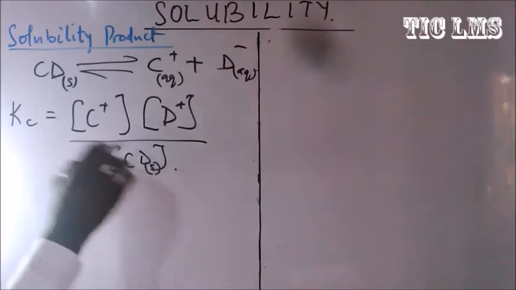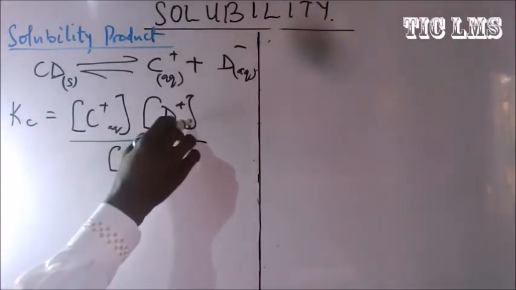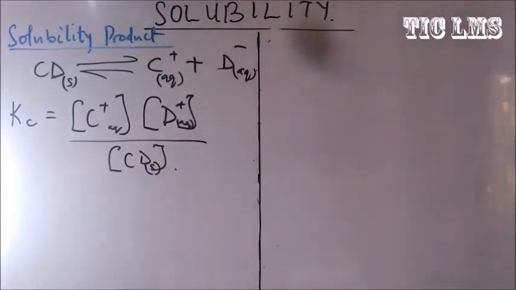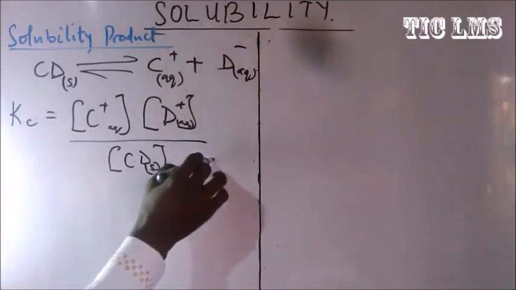Where this is solid, here we have aqueous and this is aqueous. Now under solubility, the concentration of solid is equal to 1. So this is equal to 1.